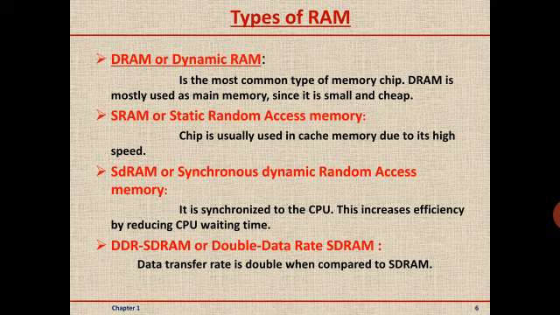It is mostly used as a main memory. It is small and less costlier in nature. It uses transistors, capacitors. The transistors and capacitors are paired to make a memory cell.